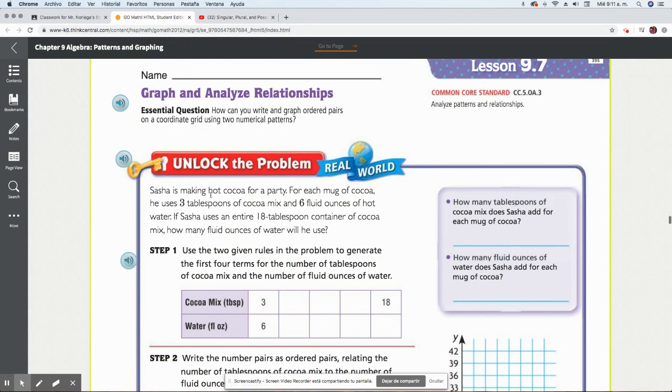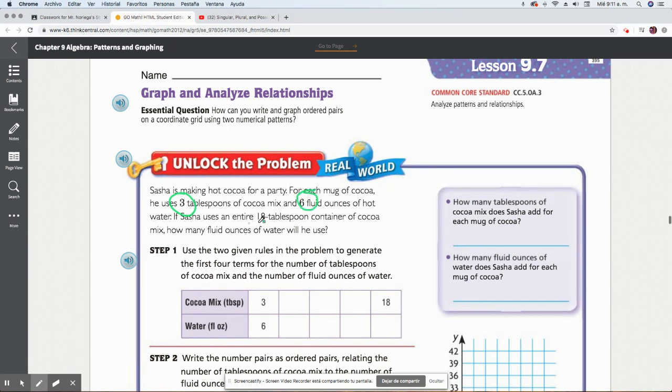Sasha is making hot cocoa for a party. For each mug of cocoa, he uses 3 tablespoons of cocoa mix and 6 fluid ounces of hot water. Okay, so 3 and 6.